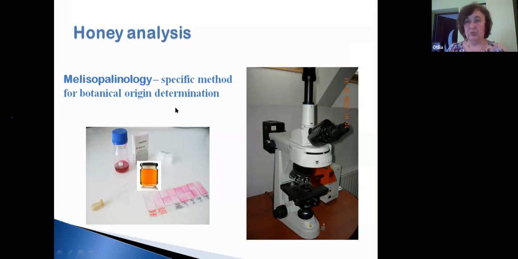We have here in Romania some types of honey, including acacia, I think sunflower, raspberry, and lime, for which it is stated how much pollen grains should be in these monofloral honeys.